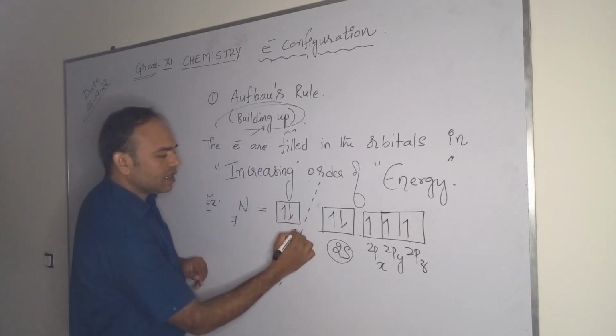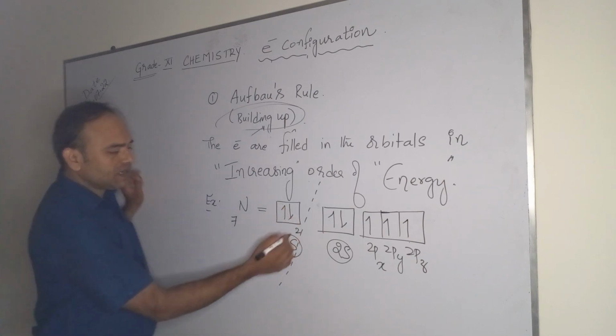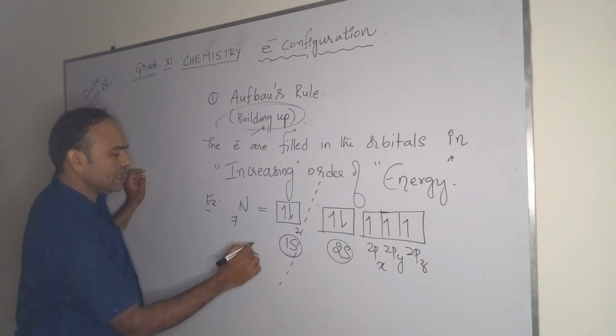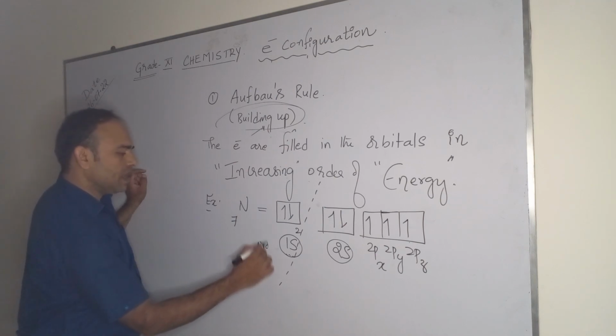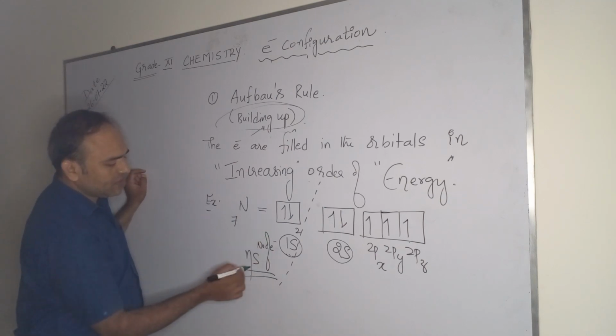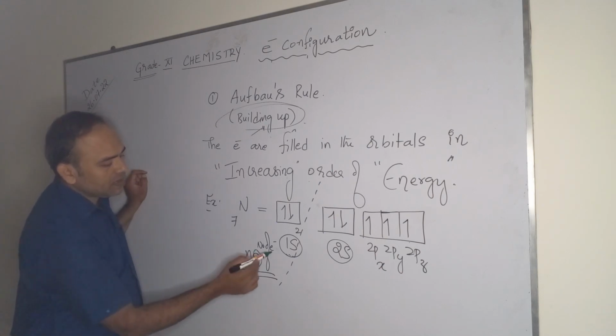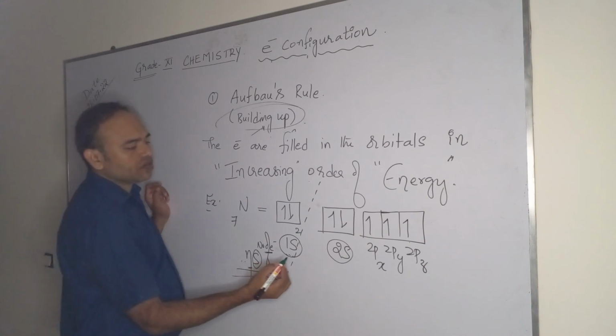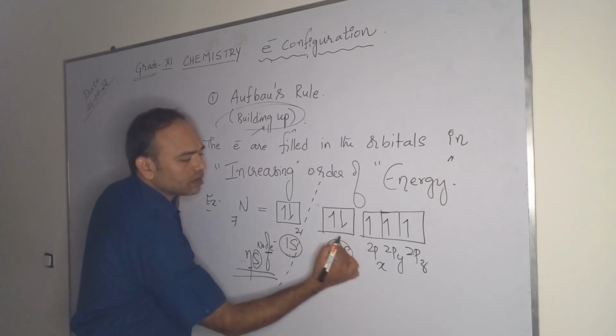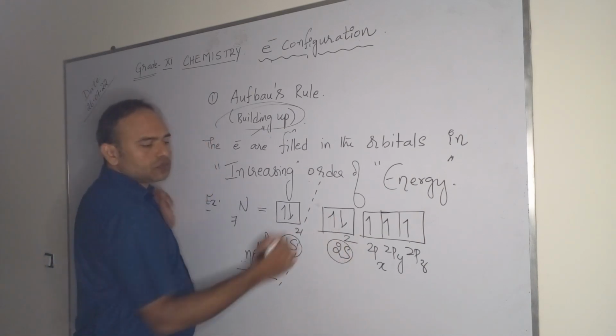1s, how many electrons are there? 2. So I will write here. What does it represent? If I write like this, ns, this is nothing but the number of electrons. n stands for principal quantum number, this is azimuthal, and this indicates the number of electrons. Here also 2 electrons, so I have to mention 2. 2s2.